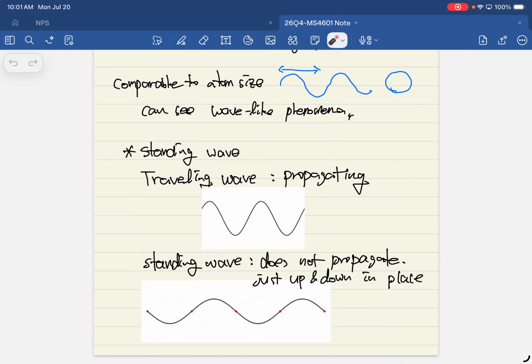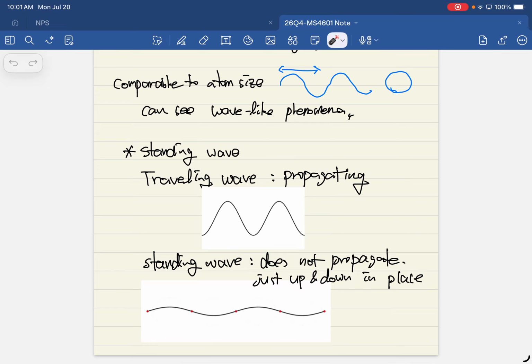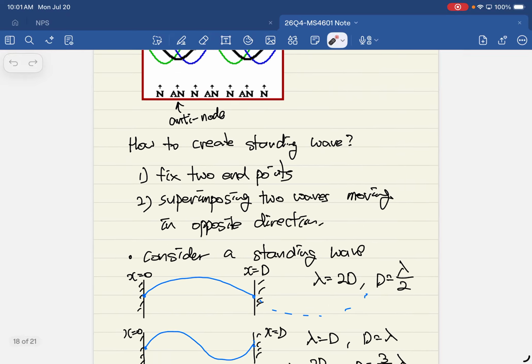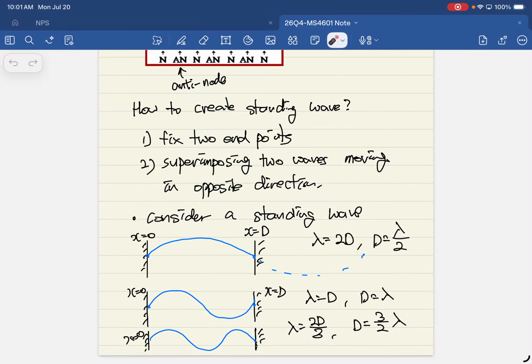If you fix both ends and imagine it's a string, and then you vibrate it, it just oscillates upside down. It cannot really propagate because we are clamping down both ends. So we got into how we can fit the wavelengths into this standing wave setup.